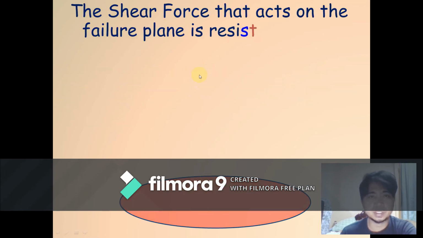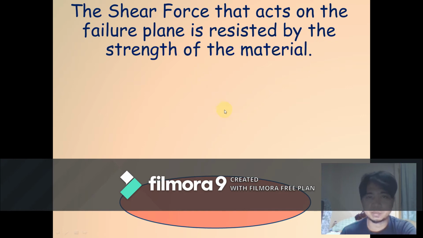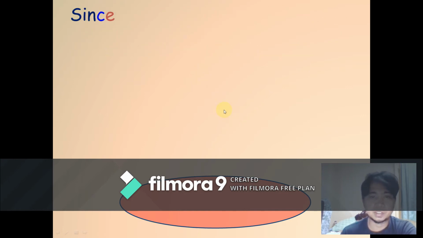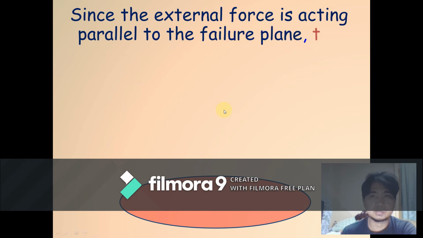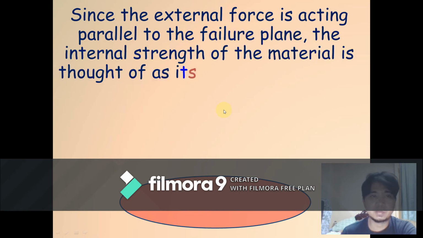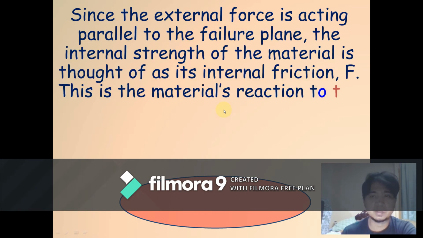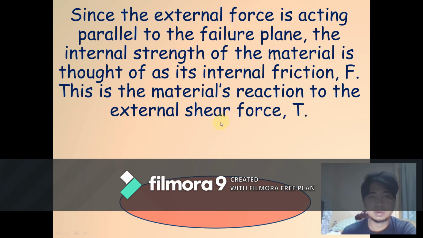The shear force that acts on the failure plane is resisted by the strength of the material. Since the external force is acting parallel to the failure plane, the internal strength of the material is thought of as its internal friction F. This is the material's reaction to the external force.